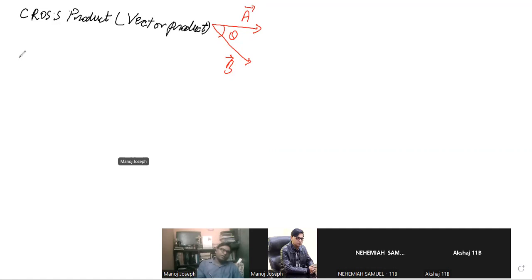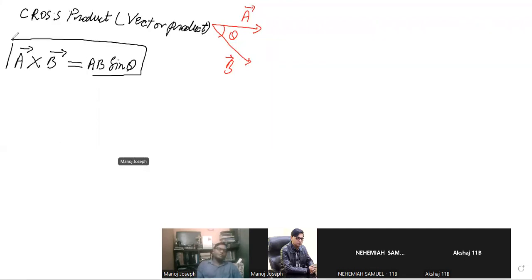So here in the cross product we multiply vector A and, instead of putting a dot symbol, we put a cross, which is also known as the Cartesian product. So vector A cross vector B is equal to the product of the magnitudes of these two vectors, A and B, but this time we take the sine of the angle between them.